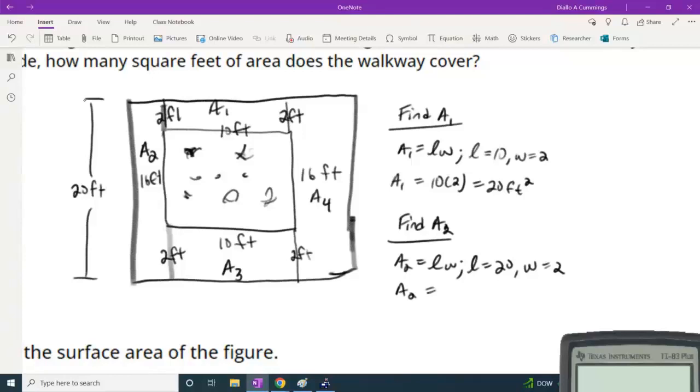So the area for the second figure is 20 times 2, which is 40. So that's 40 square feet.